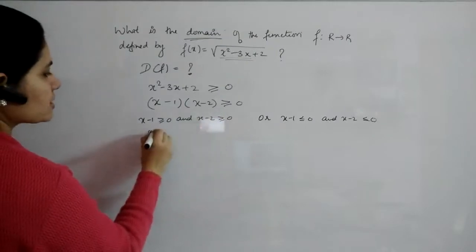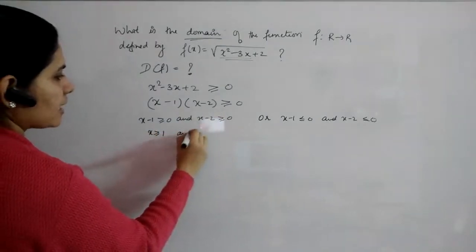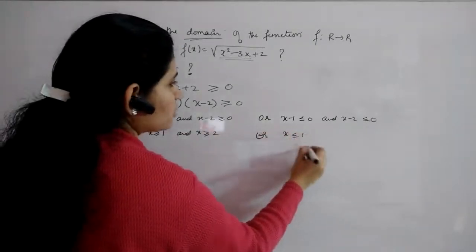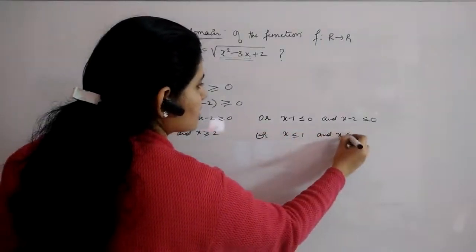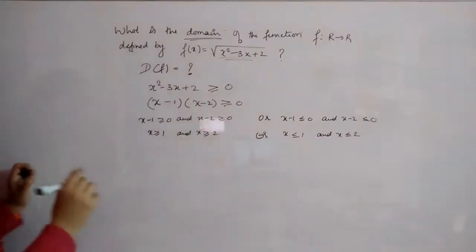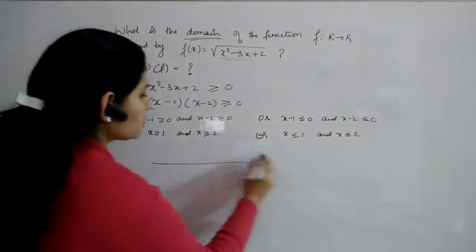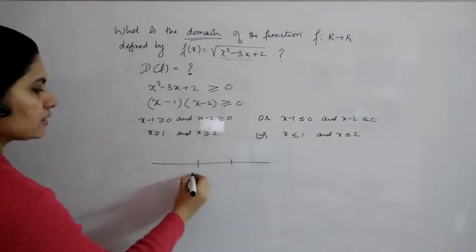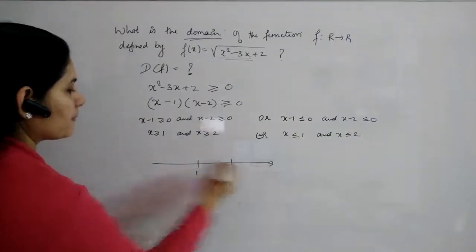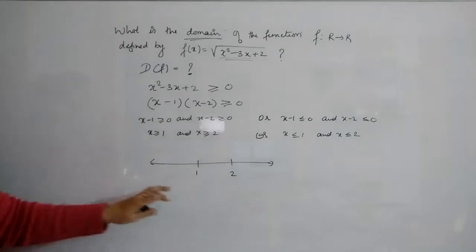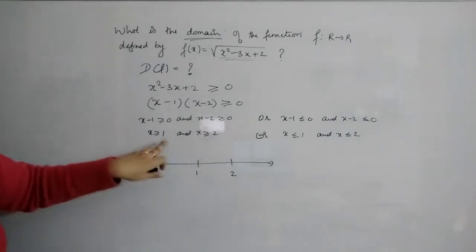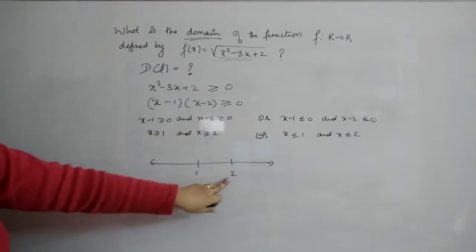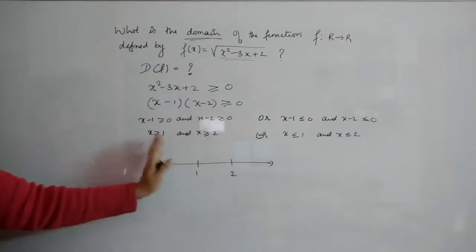We get x is greater than or equal to 1 and x is greater than or equal to 2, or x is less than or equal to 1 and x is less than or equal to 2. Now we are drawing this so that I can combine these two. This is 1, 2, you have only 1 and 2. If you equate to 0, you will get 1 and 2, where the sign is changing.